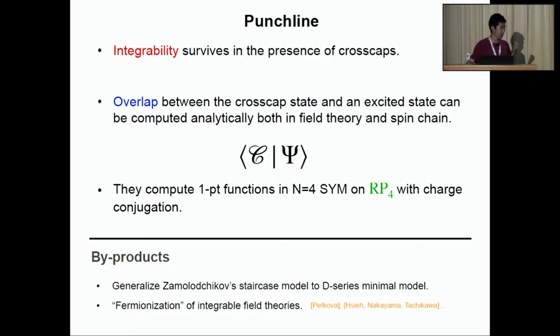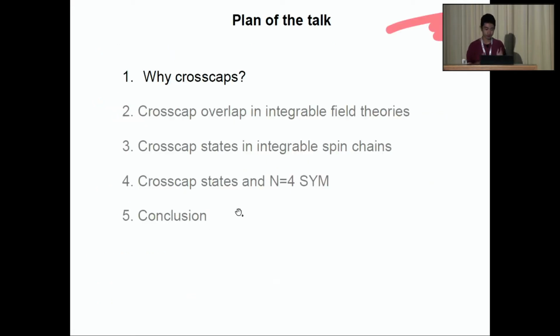And furthermore, we compute one-point functions in N=4 super Yang-Mills on real projective space, RP4, with charge conjugation. There are also byproducts that we got from the analysis, but I don't have time to mention that. So this is the plan of the talk.